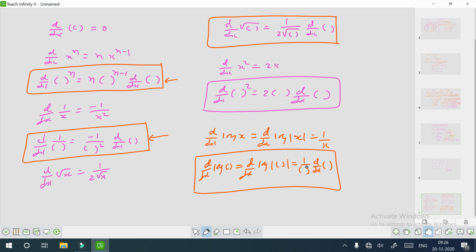Remember this. Now let us see why. See, x greater than 0 implies mod x is equal to x. Yes or no? So log mod x is equal to log x, derivative 1 by x. For x less than 0, mod x is equal to minus x. So d by dx of log mod x is equal to d by dx of log of minus x.